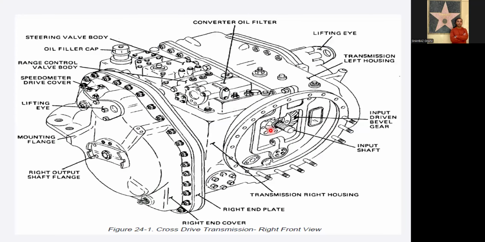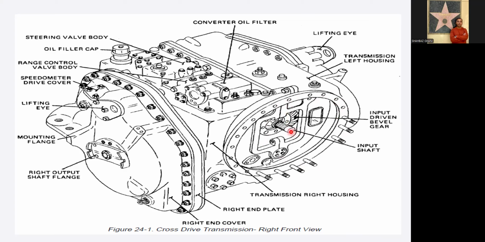Now, another interesting example. Have you heard about the tanks M47 and M48? The transmission drive we used in those tanks was the cross drive transmission, right front view. Let me explain. On this side we have the engine.